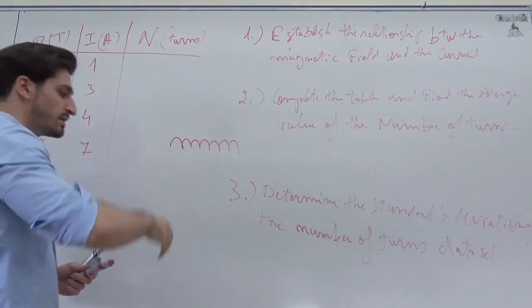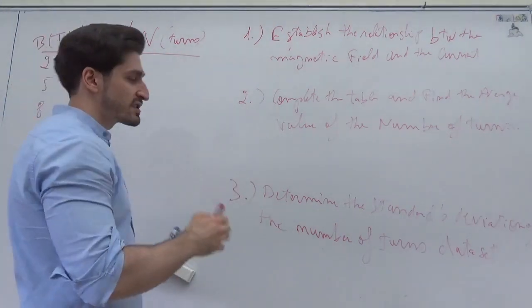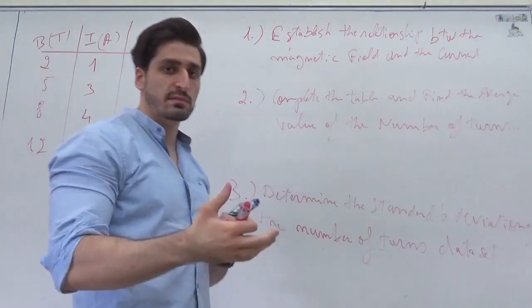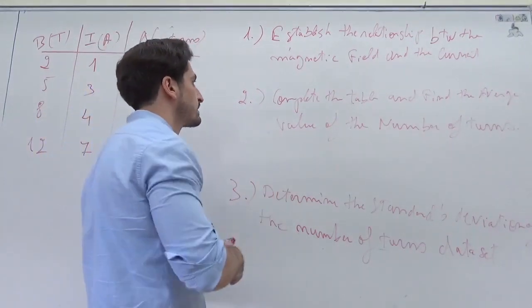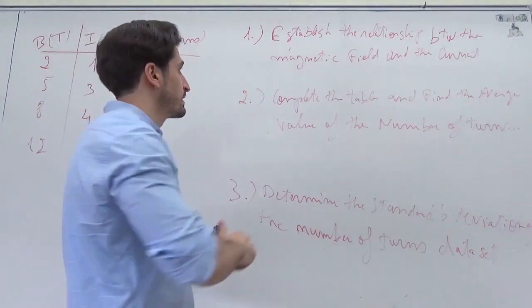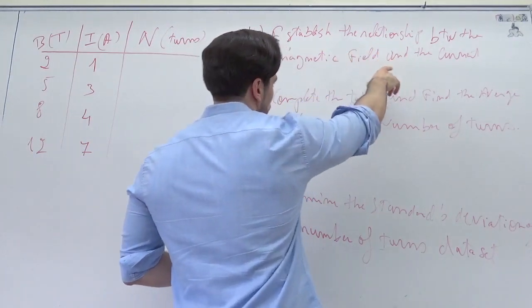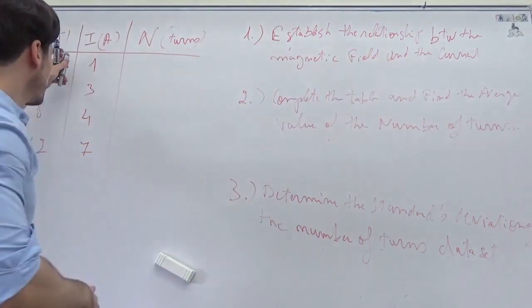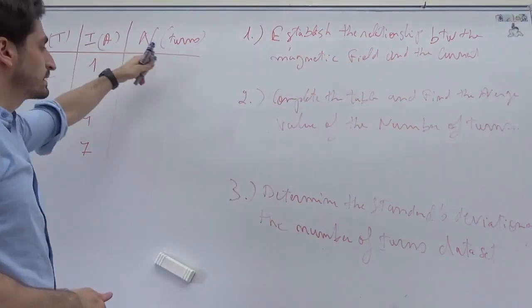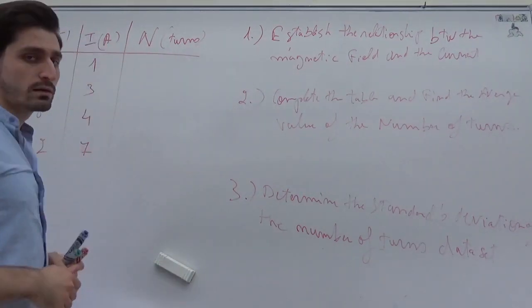Now for such standard deviation problems, the first question is always going to be similar. It's very common among all the types of standard deviation problems. The first question will be: establish the relationship between the magnetic field, the electrical current, and the number of turns. So you want to establish the equation relating all 3 parameters.